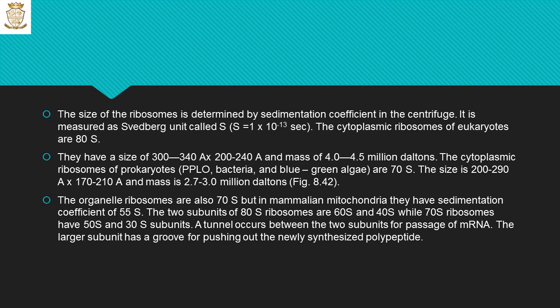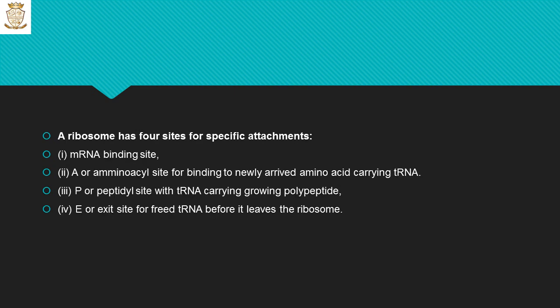Organelle ribosomes are 70S, but in mammalian mitochondria they have a sedimentation coefficient of 55S. Ribosomes have 4 specific sites: the mRNA binding site, the amino acyl site, or A site, for the binding of newly arrived amino acid carrying tRNA, the P site, that is the peptidyl site, with tRNA carrying the growing polypeptide, and the E site, or exit site, for the free tRNA before it leaves the ribosome.